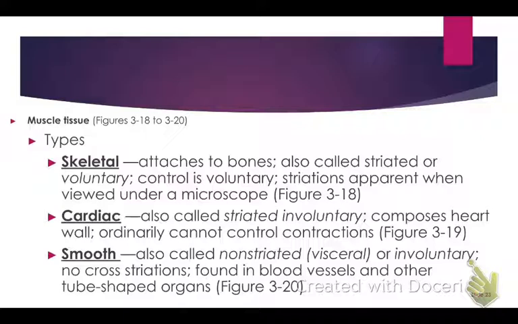So first of all, where do you find skeletal muscle? It's found attached to bones. It's also referred to as striated voluntary muscle. Skeletal muscle is the only type of muscle that we can choose to control.